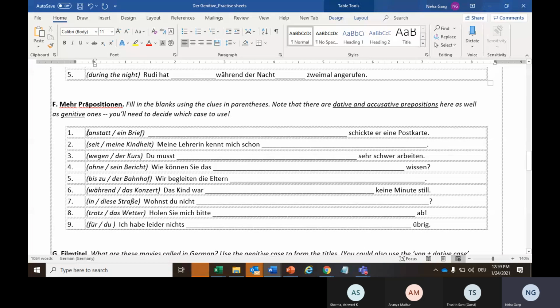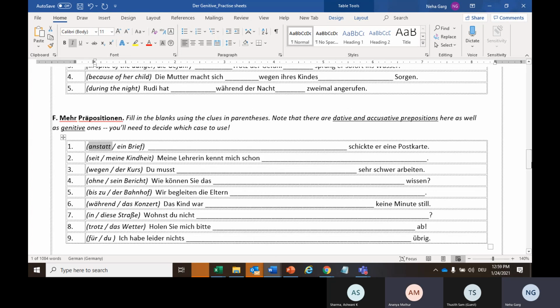Okay, let's try to do this one also. Ananya, number 1. Anstatt eines Briefs schickte er eine Postkarte.